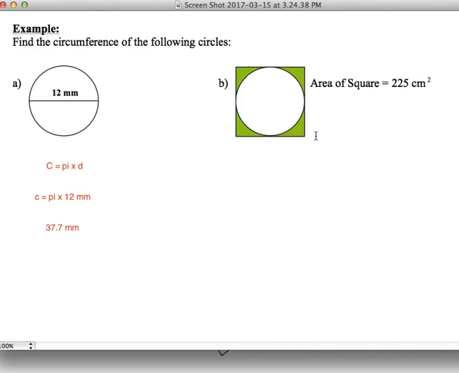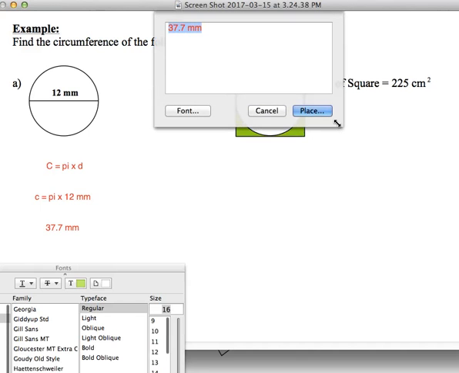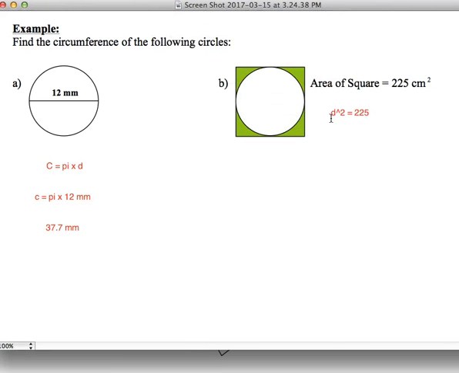So if I know that, let's say the side of the square here, I'm going to call it d. I know that d squared equals 225 centimeters squared, right? Let me just write this here. So if I want to find out what d is, I have to square root both sides. I'm going to square root this, and I'm going to square root that.